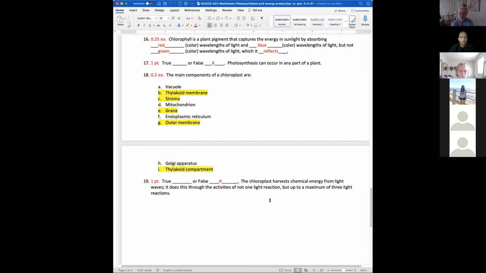Then another photon comes in to photosystem 1. Photosystem 1 comes after photosystem 2, and that excites the electron again, and it goes through some other carriers and finally ends up in the dark reaction in the Calvin cycle. So the reason that's false is that the maximum number of light reactions is 2.